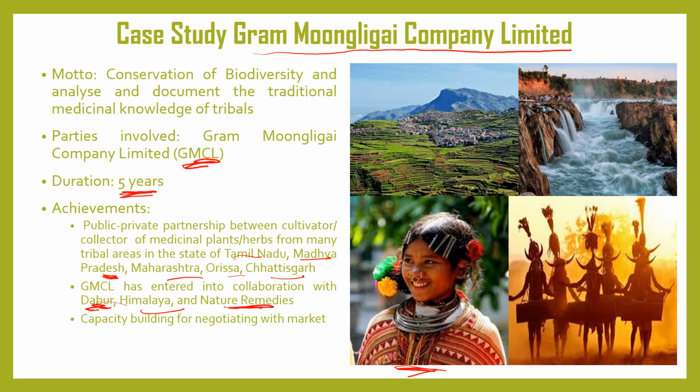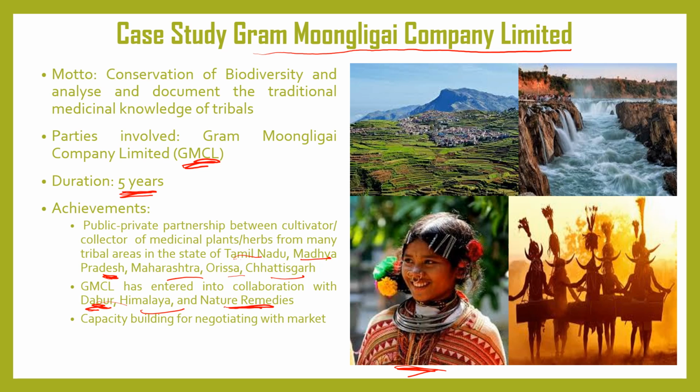They are given training about how to collect any medicinal plant from the wild sustainably, and not to over exploit it, or even if they are cultivating that plant, when to cultivate, and what the specifications are that are very essential for cultivation, so that the yield can be maximum, at the same time there is no loss of biodiversity.